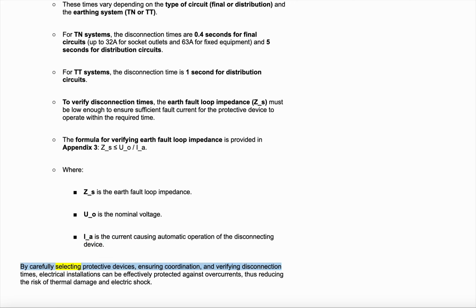By carefully selecting protective devices, ensuring coordination, and verifying disconnection times, electrical installations can be effectively protected against overcurrents, thus reducing the risk of thermal damage and electric shock.